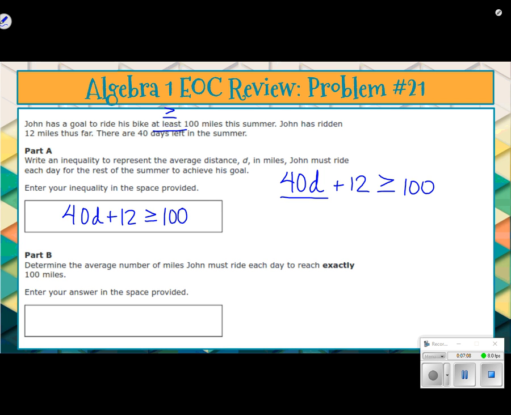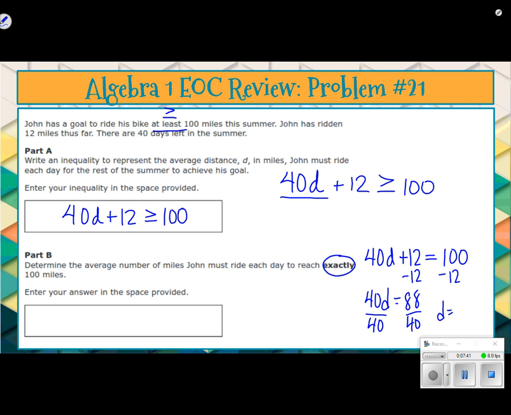All right, determine the average number of miles he must ride each day to reach exactly 100 miles. So this is exactly 100 miles. They want to know, basically, can we solve for the letter D when it's equal to 100? So we're going to solve by subtracting 12. 100 minus 12 is 88, and we're going to divide by 40.